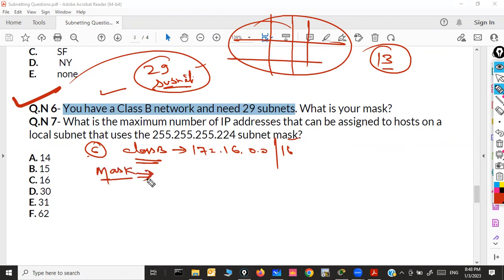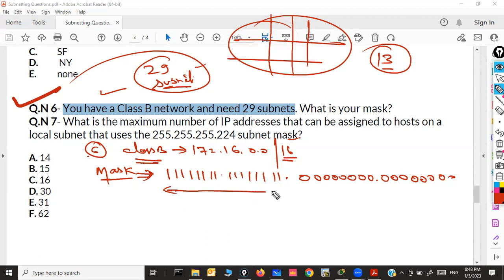Without subnetting, the default mask /16 means 16 ones, 16 bits represent the network portion, and then 16 zeros. 16 zeros because it's a class B network. 16 zeros means 16 host bits and 16 network bits by default, without doing subnetting.